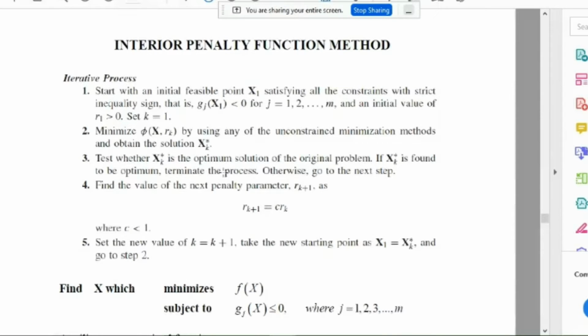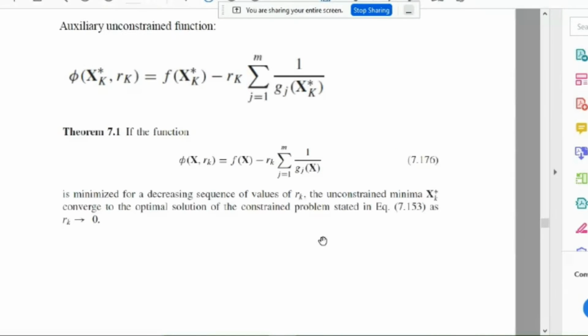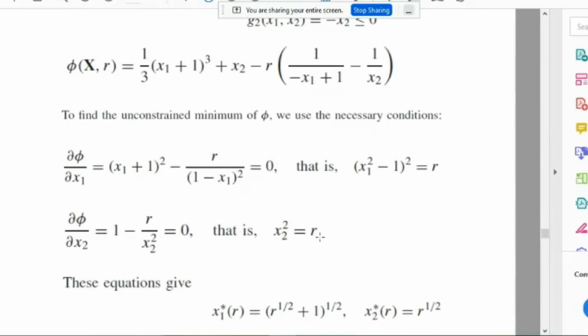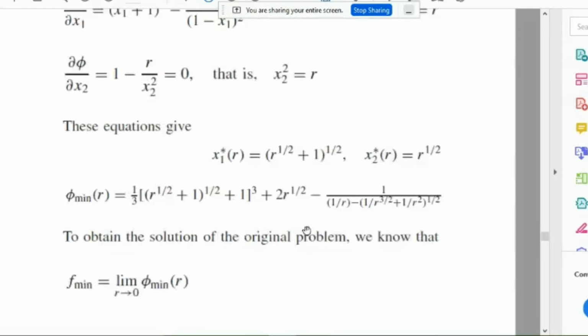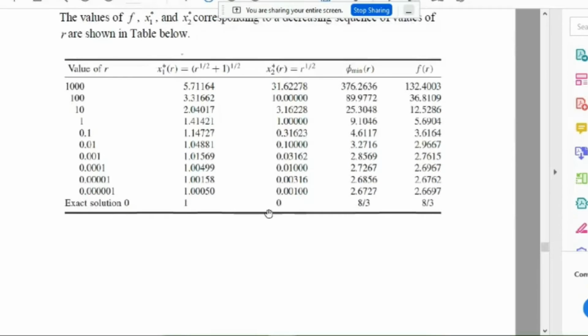In the case of the interior penalty function method, with respect to the given objective function and constraints, we formulate the auxiliary unconstrained objective function. From that we can derive the necessary conditions and solve by trial and error. Then we can find the final converged solution, right?